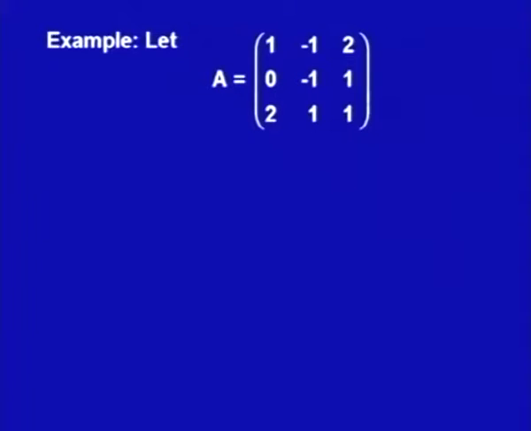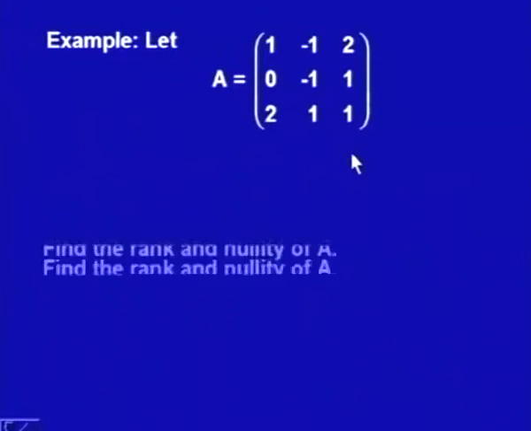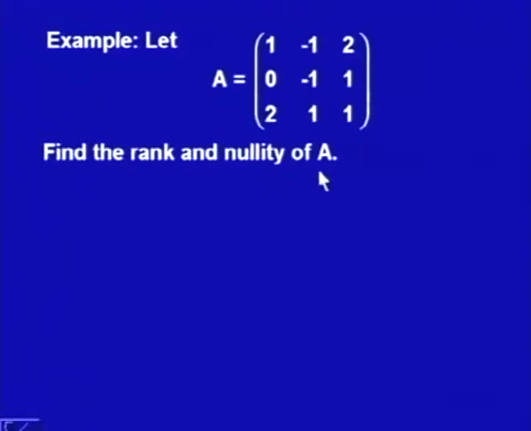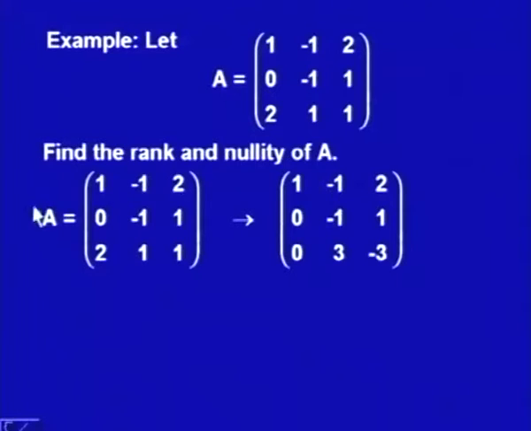Now, we will illustrate these concepts with the help of an example. Let us have a 3 by 3 matrix A as this matrix. Then we have to find the rank and nullity of this matrix. I will start with the matrix A and try to reduce it to row echelon form. So, it is 1 minus 1 2, 0 minus 1 1, 2 1 and 1. I try to make this 0.